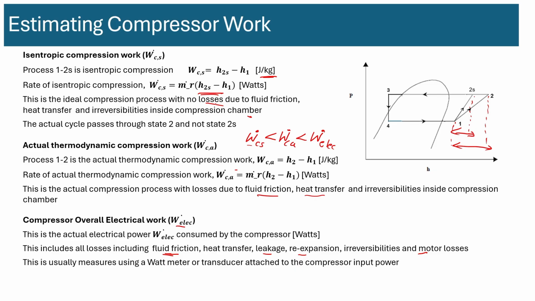However, it's almost impossible to get to the isentropic compression because you can never have complete reversibility when you compress the fluid, because you will have to have a finite speed in the compressor. You cannot compress it infinitesimally slowly.